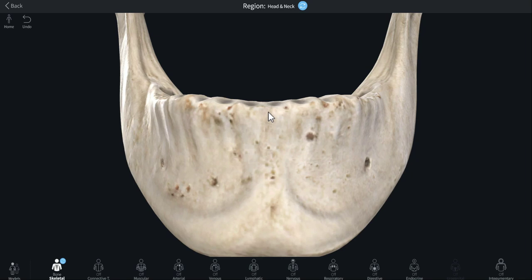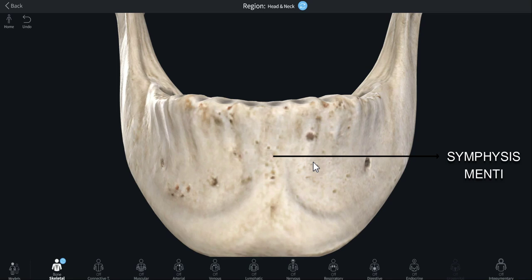It's quite faint actually, but this faint line in the midline of the body of the mandible is known as symphysis menti.